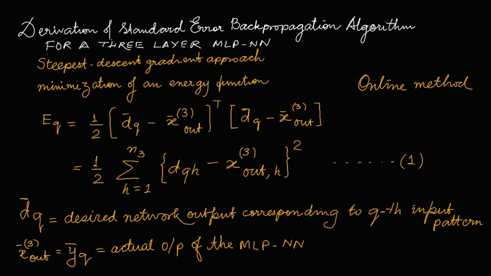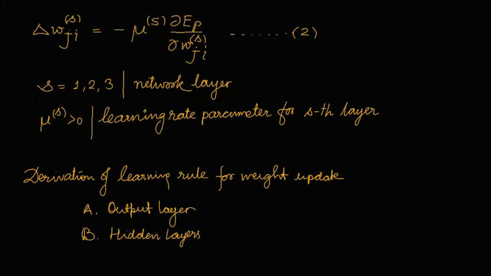Now using this steepest descent gradient approach, the learning rule for network weights in any of the network layers, where S represents the layer number, so this is the index of the layer, so I can say layer S, is given by this.